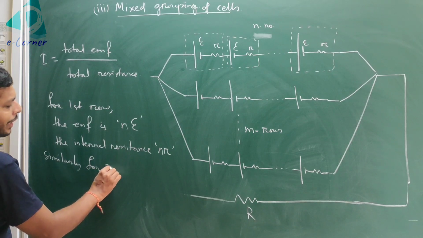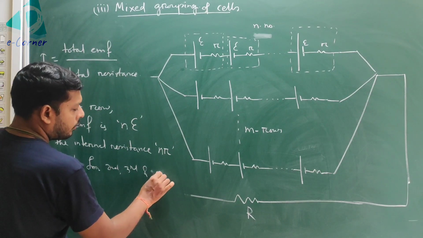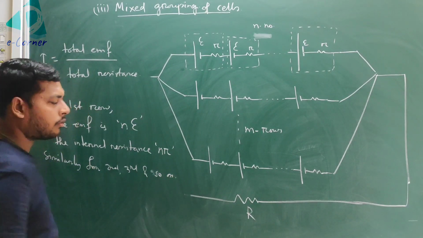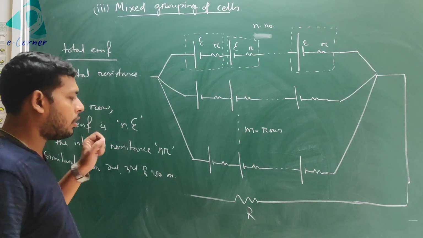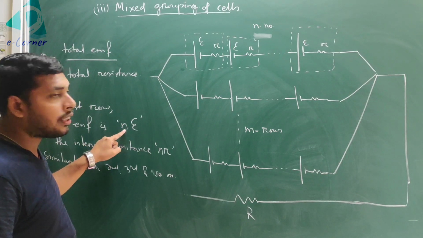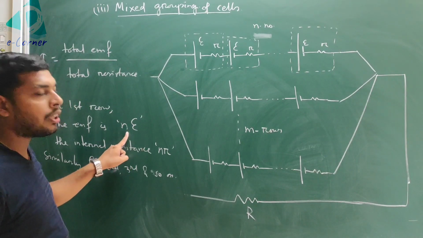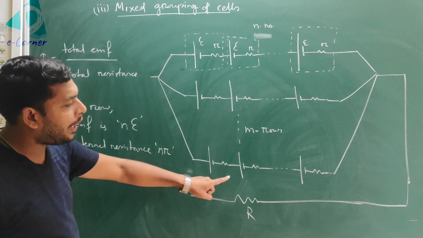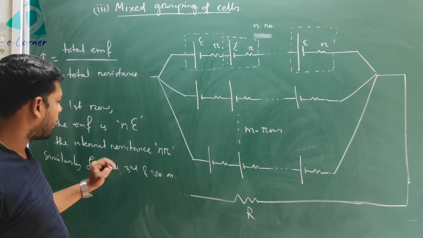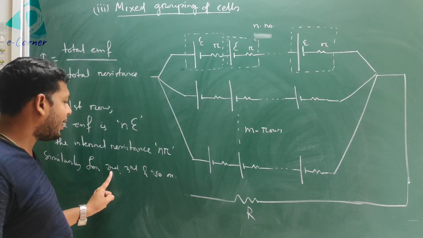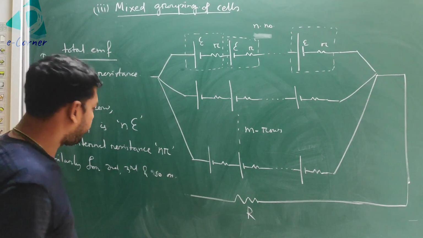For the second row, third row, and so on, the net or total EMF is nE. Similarly for the mth row the net EMF is nE. The internal resistance for the second row, third row or mth row is again the same, n into small r.